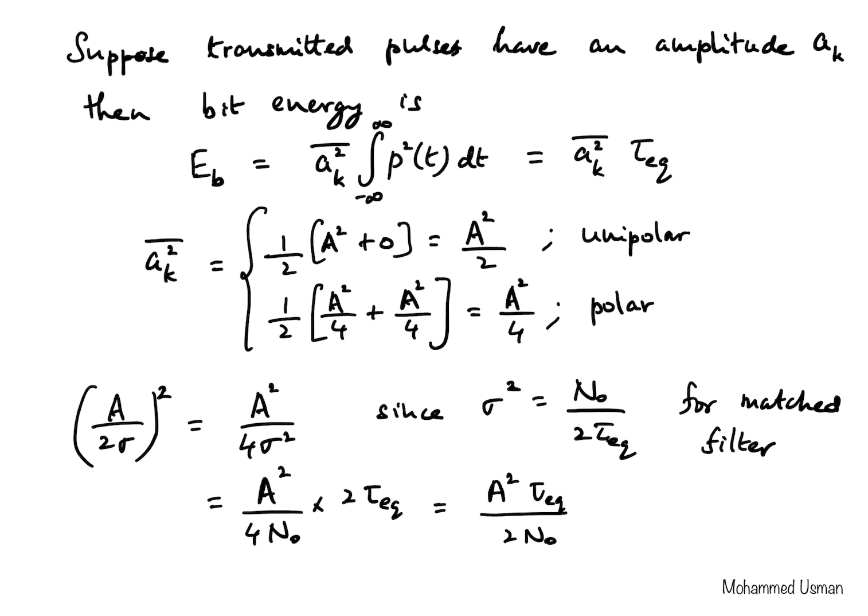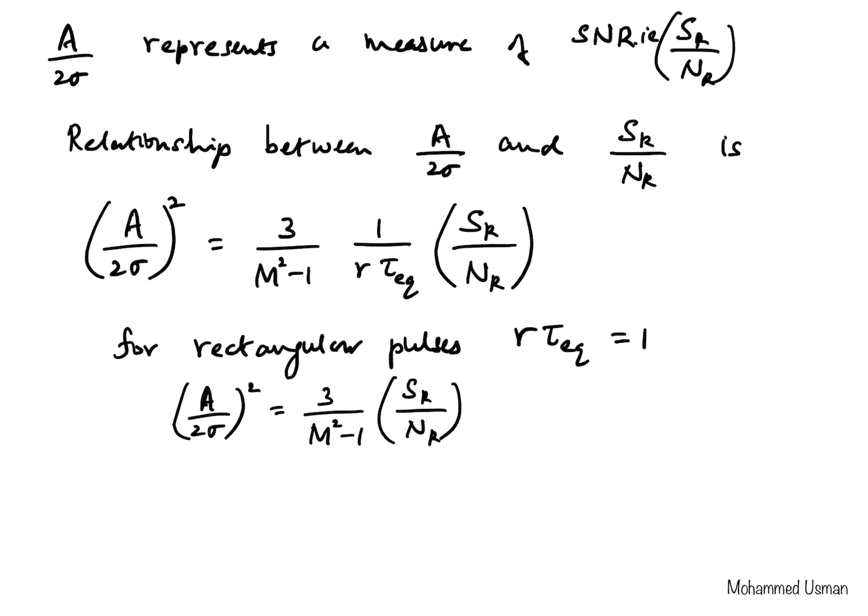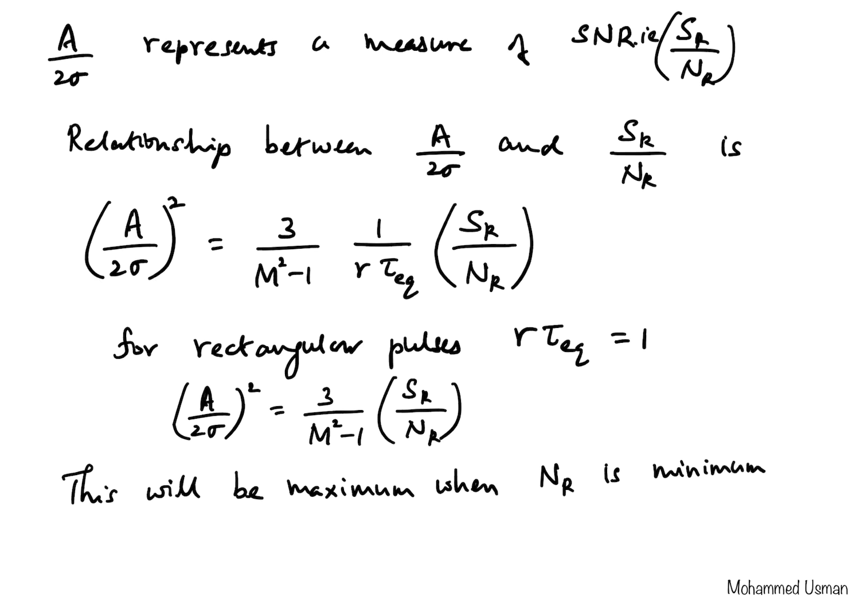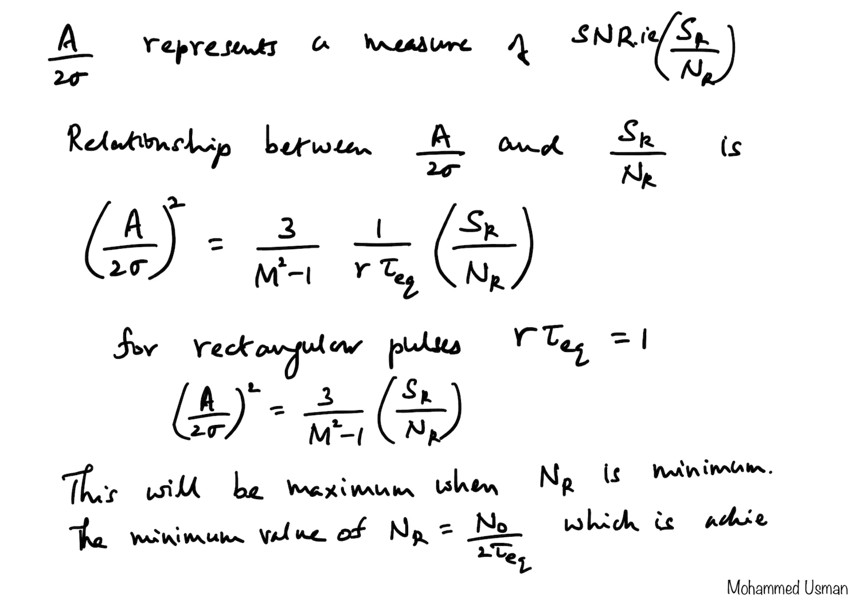So this will be maximum when NR is minimum, and the minimum value of NR is equal to N0 by 2 times tau equivalent, which is achieved using a matched filter.